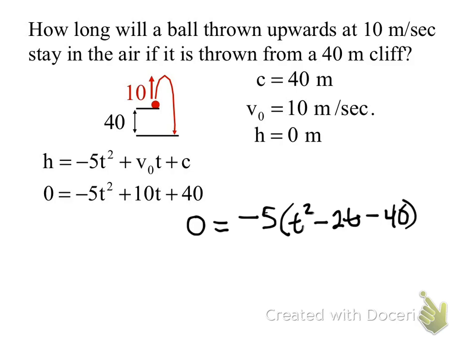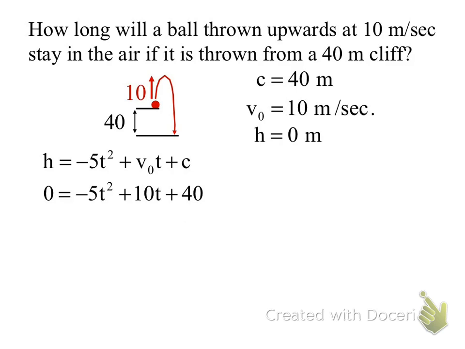But then we're stuck with that -5 there, and it's not really doing much. So instead of just factoring out the GCF, we're going to divide all terms. This is another way we can factor. And so we're going to divide all terms by -5.